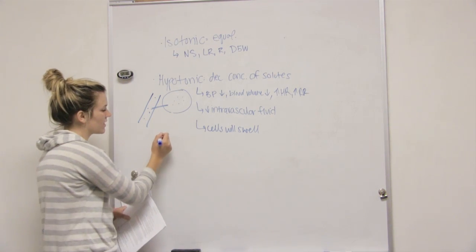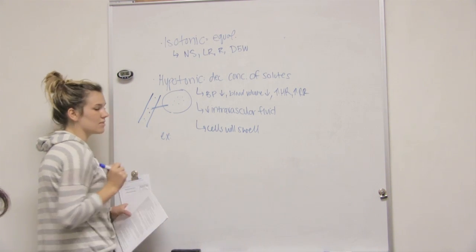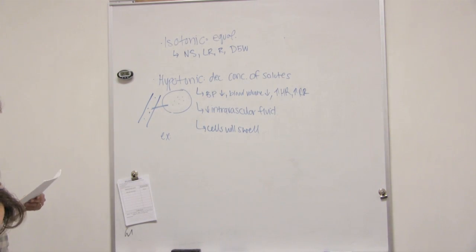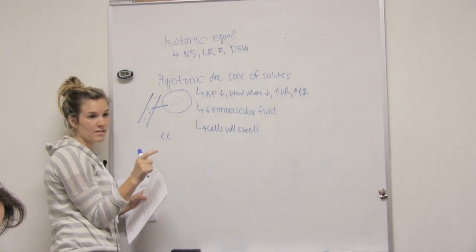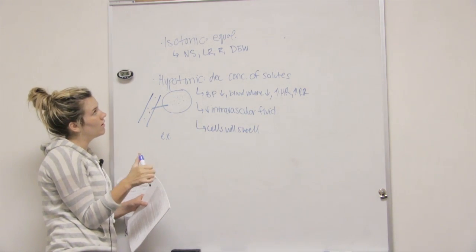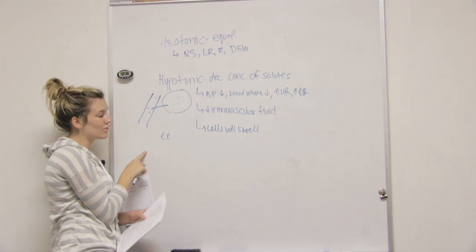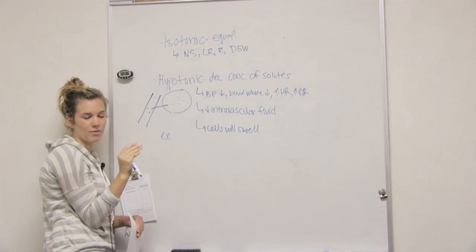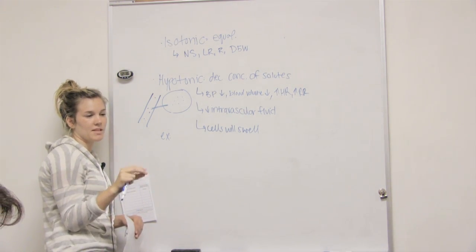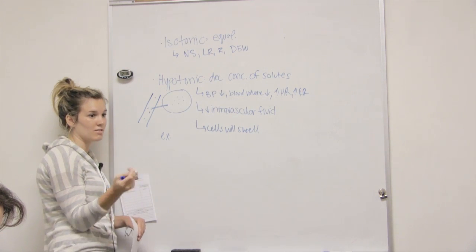Do you guys know any examples of hypotonic solutions? Hypertonic was the combination ones, higher concentration. Isotonic is just normal. Hypotonic solutions are those that are cut in half, or the percentages are lower, because the percentage means concentration, so it's a lower concentration.